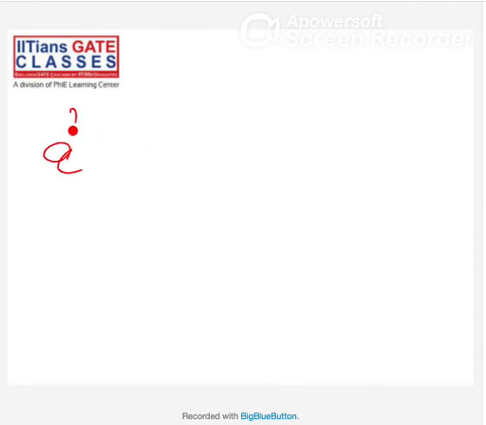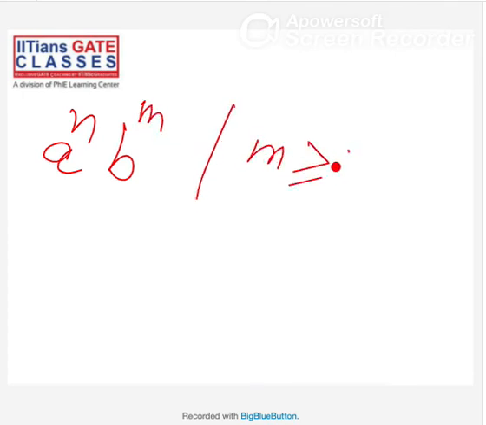Now let's see A power n, B power m, where m is greater than or equal to n. Tell me about this, R, D, C. Okay, let's see.